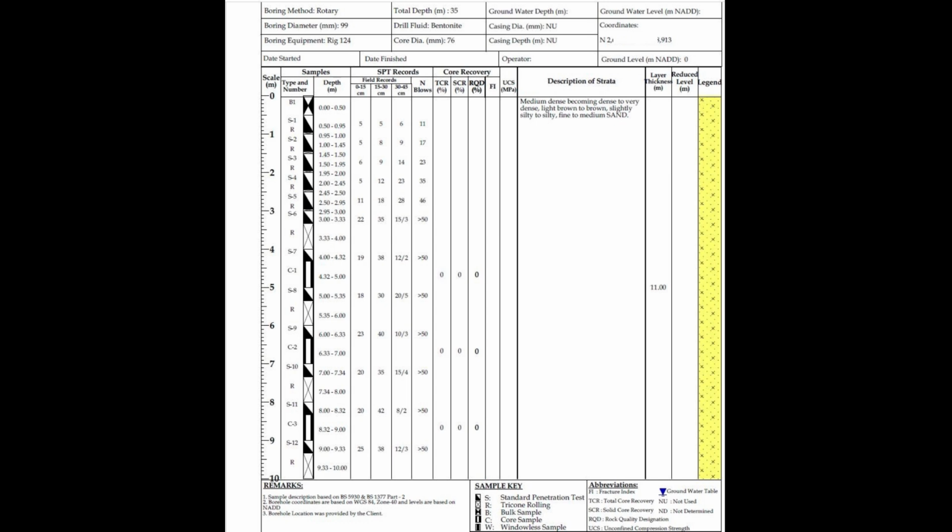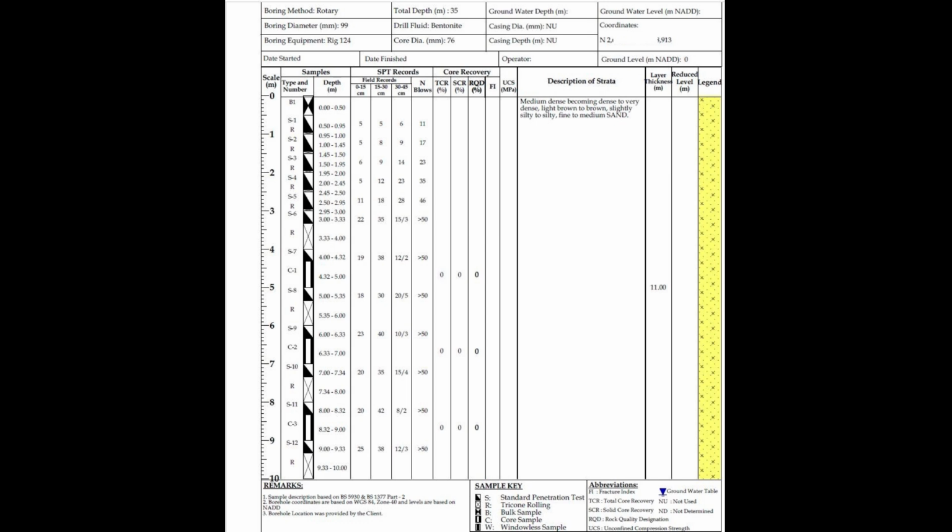Here you can see the type of sand, mostly silty sand, and dense. Down there you can see the details, the abbreviations for the core sample and other things. You can check this.